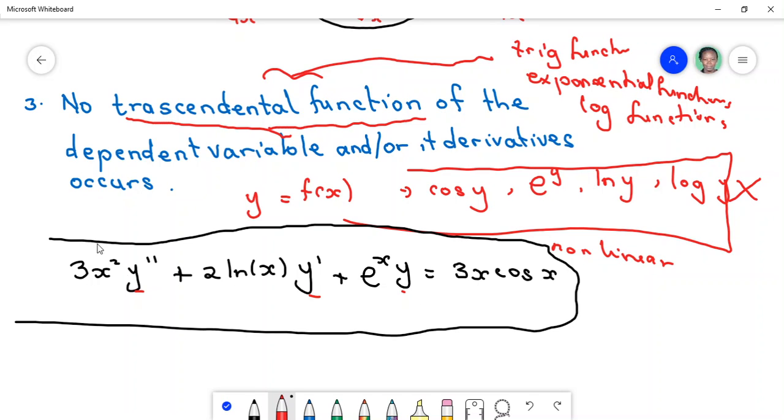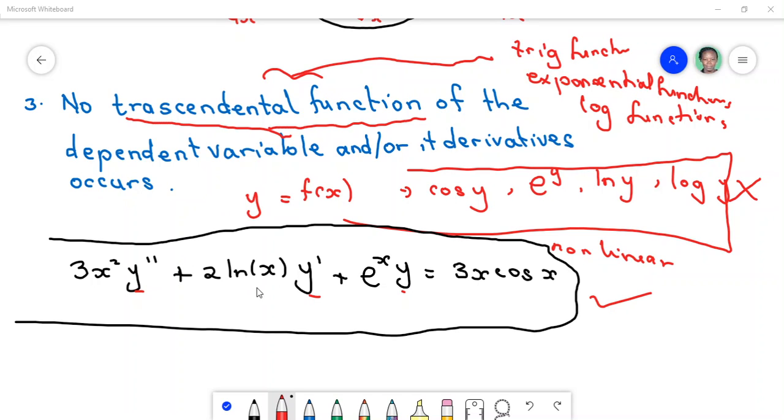No. Then the third property: do you have any transcendental function? Yes, I have cos, but is it with the dependent variable? No. So this differential equation passes to be a linear differential equation.